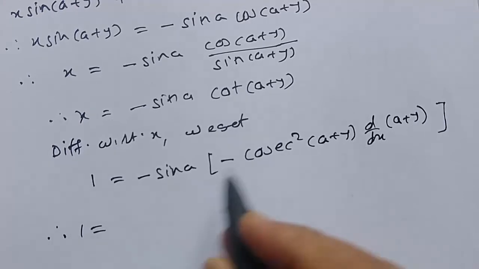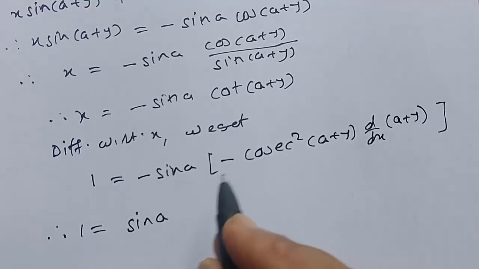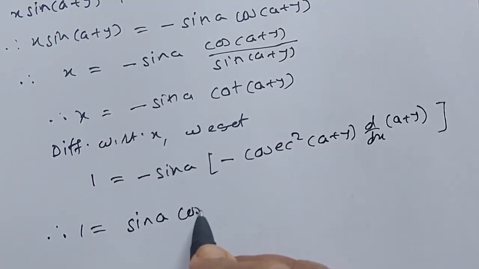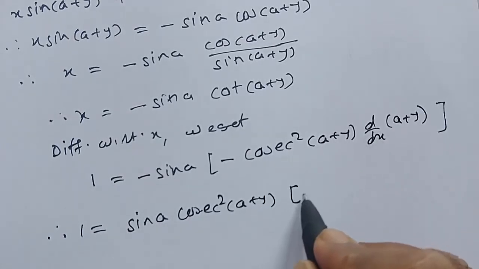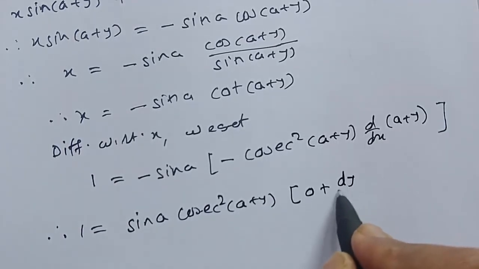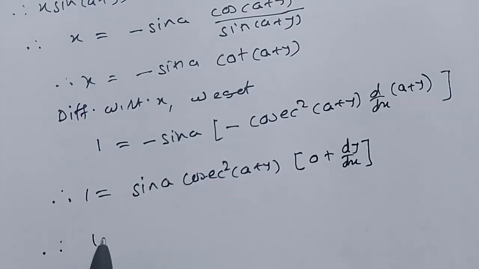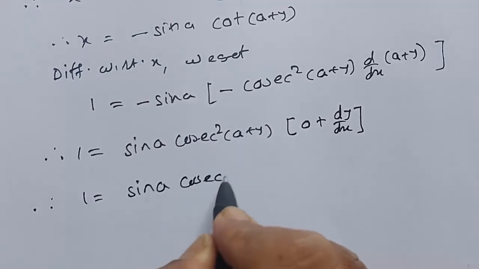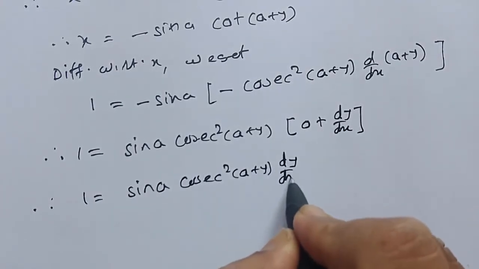Therefore, 1 = minus minus becomes plus, so it is sin a, the derivative of a is 0, cosec²(a + y), the derivative of a is 0 plus dy by dx. Therefore, it is sin a cosec²(a + y) into dy/dx.